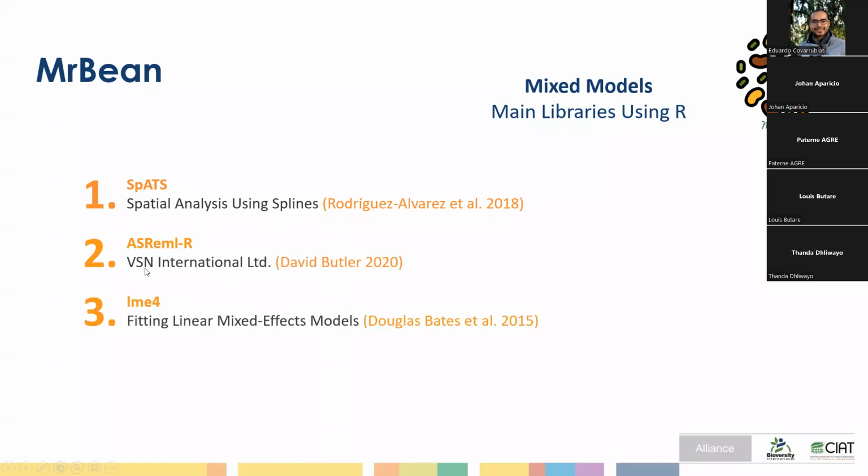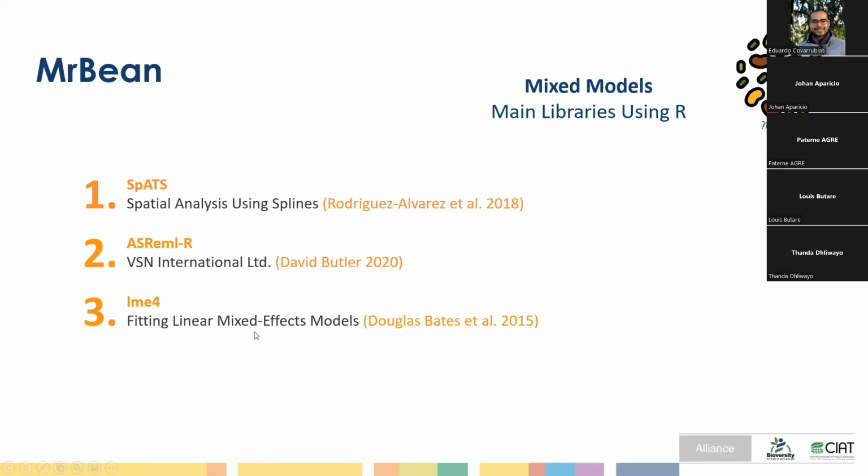MrBean has three main libraries for mixed models. SPATs, spatial analysis using splines, is an approach that Maria Rodriguez-Alvarez et al. proposed in 2018. ASREML is a licensed product, but it's pretty well known among breeders and statisticians.